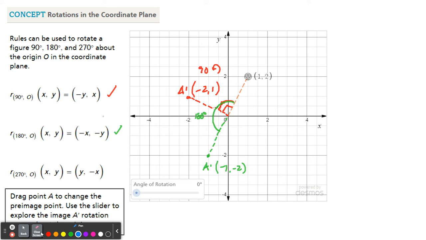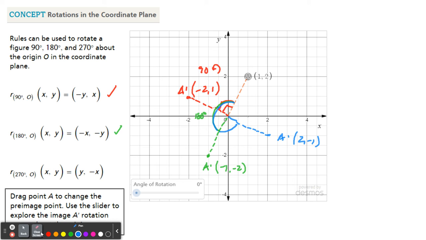What if I take the original point and go 270 counterclockwise? That would be 90, 180, and then 90 more. There would be A prime at (2, -1).